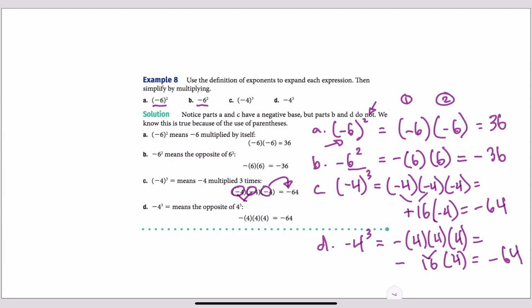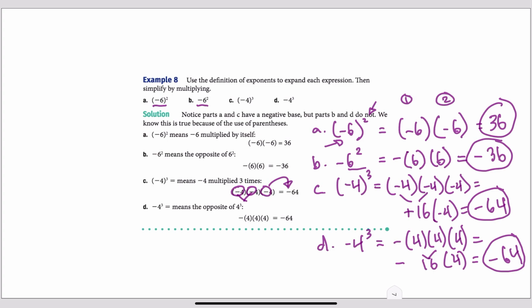So when my exponent is even, like a 2 or a 4, then it matters, it really will impact the answer, whether the negative is included in parentheses as part of the base or not. And when the exponent is odd, like a 3 or a 5, a cube, for instance, in this example, then there will be 3 of whatever sign I have, in this case a minus sign.